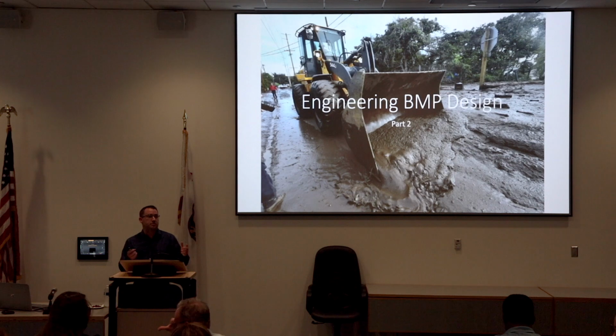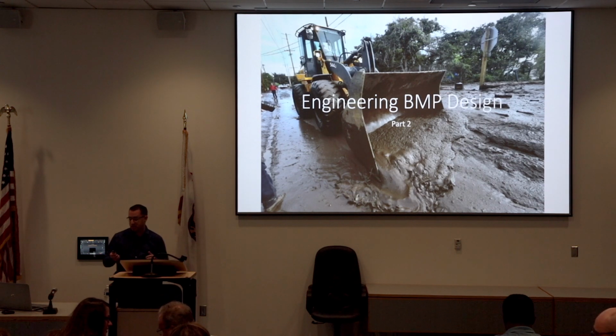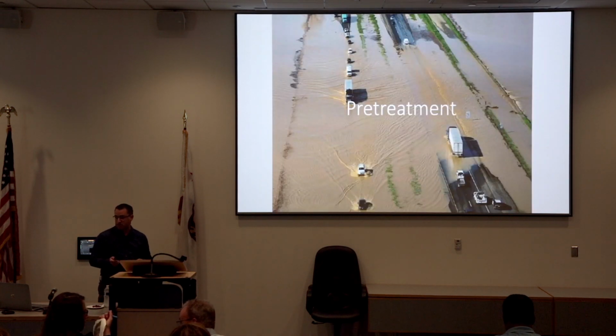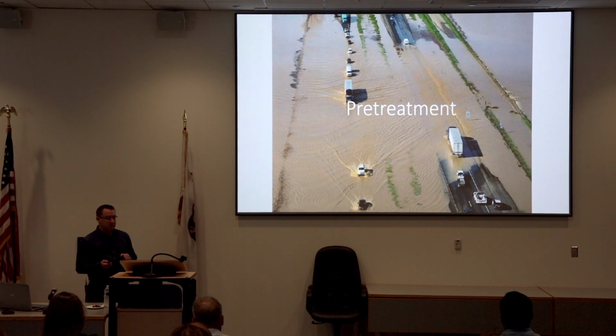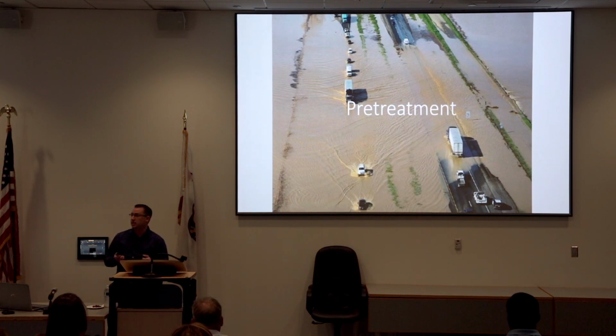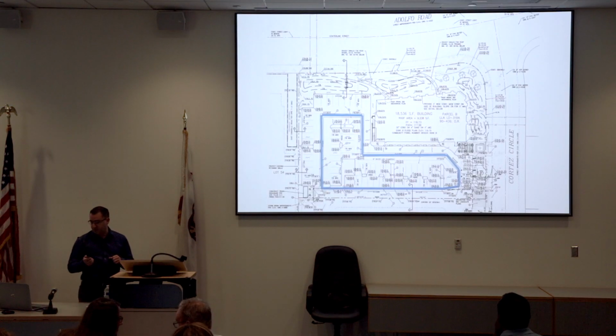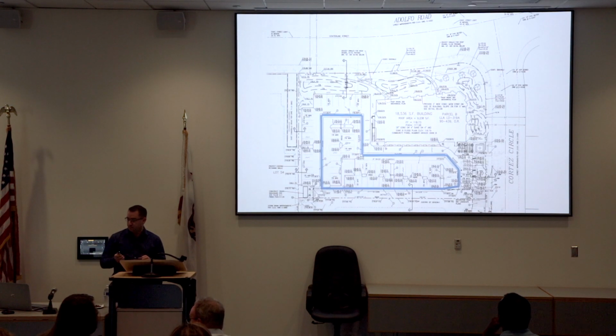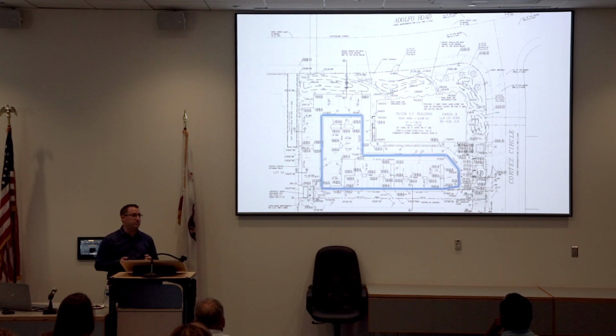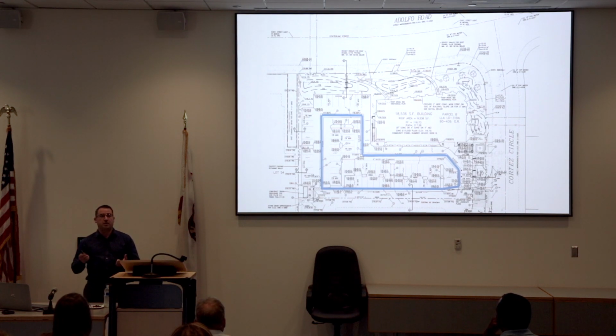There's things that were brought up early on. There was pre-treatment, right? So David brought up some pre-treatment elements, and one of the first elements of pre-treatment would be pervious concrete, and he gave you a good example from the county, which was the pervious concrete gutters that they have the dry wells underneath.